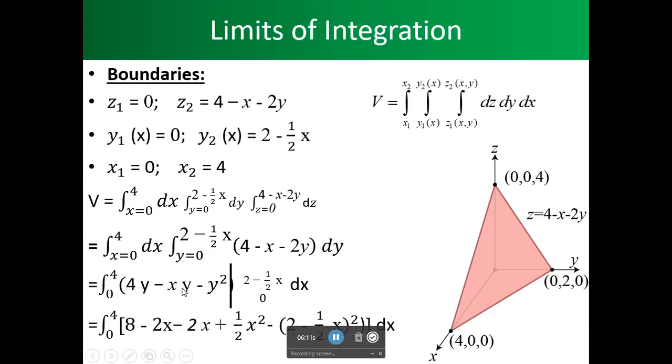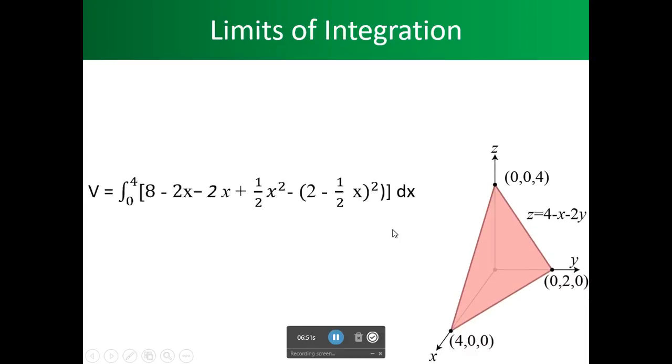We have an x times y, so that'll give us a 2x, and this will give us a 1/2 of x squared, because we have an x and then we have another x here. So that's minus 1/2. This minus out front times this minus turns this into a plus. Then we're just going to multiply 2 minus 1/2 x, that quantity squared.